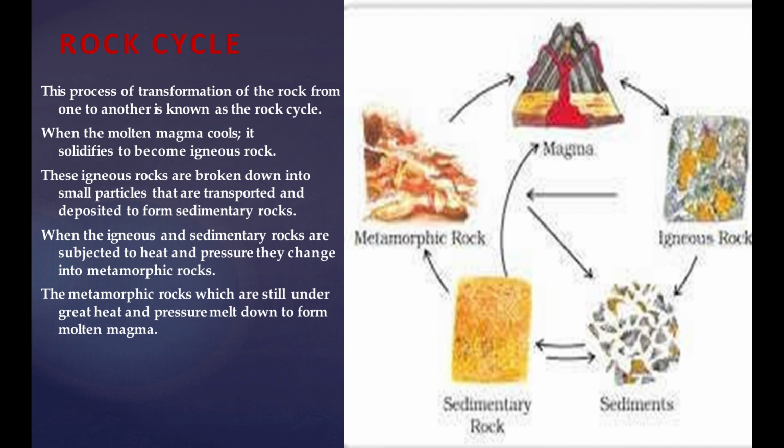Igneous rocks get weathered and eroded to form sedimentary rocks, which further get transformed into metamorphic rocks under extreme heat and pressure. And igneous rocks themselves can get metamorphosed. Sedimentary rocks are also formed by weathering and erosion of metamorphic rocks.